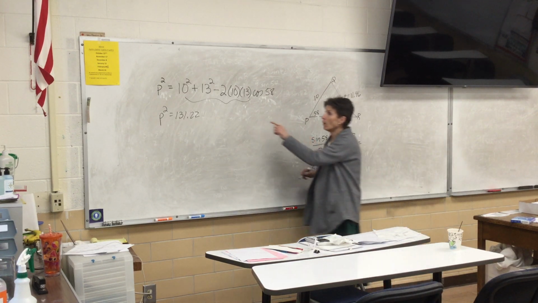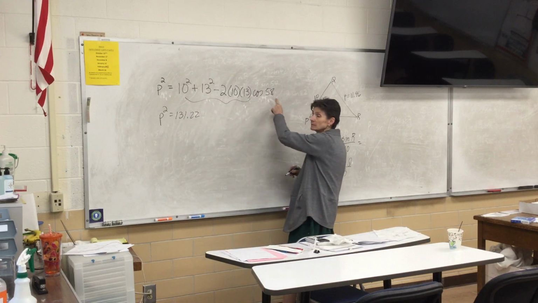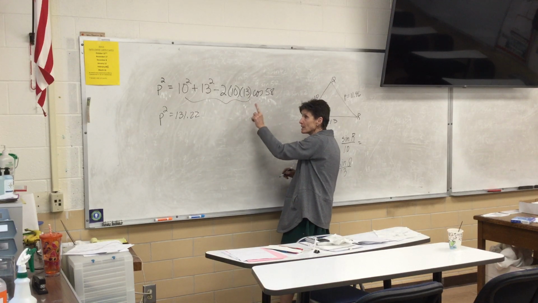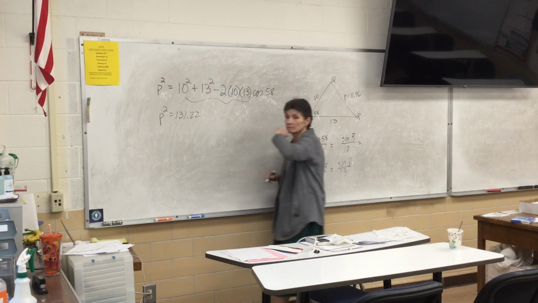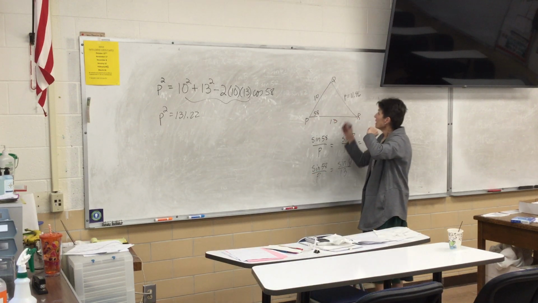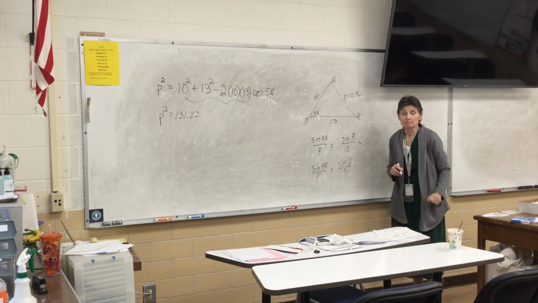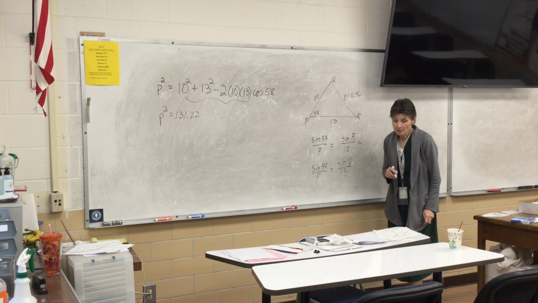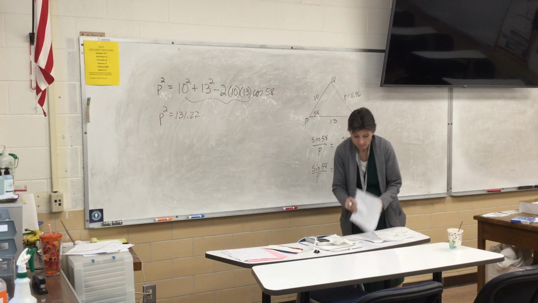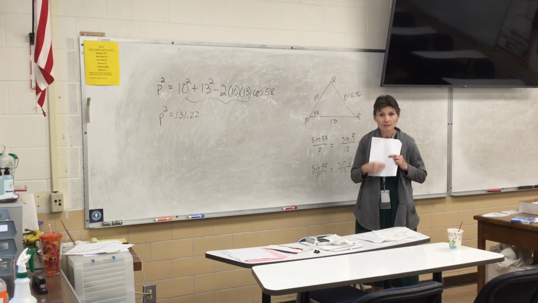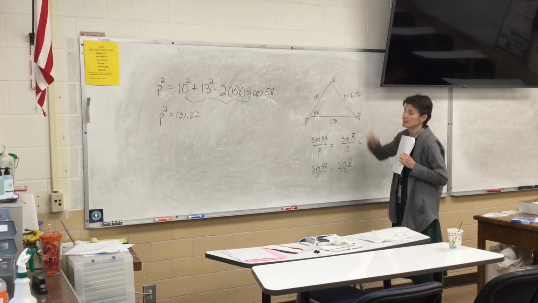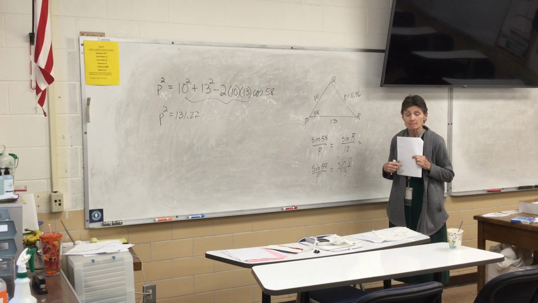So when you type all this in, don't forget you have to square root it. And that is 11.46. So in your list of stuff that you're supposed to be finding here, you now know side P is 11.46.